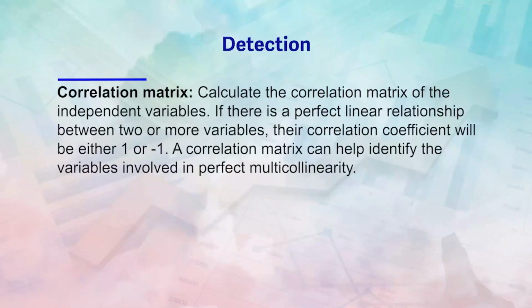In this regard, we have some tests or detections. The very basic detection is under descriptive statistics, which is computing the correlation matrix, because the correlation matrix is computed for the independent variables only.